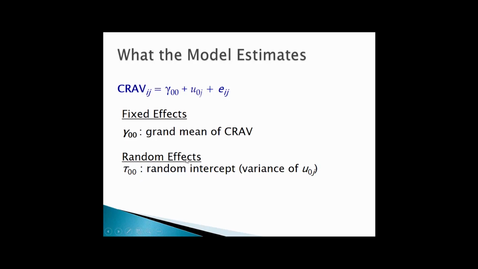Random effects generally refer to the variances in your model. So fixed effects are referring to regression coefficients, essentially the model that predicts your mean. Random effects are referring to the variances in your model. And so the first variance we have is a between person variance. The second one is our residual variance, which in this case is our within person variance.